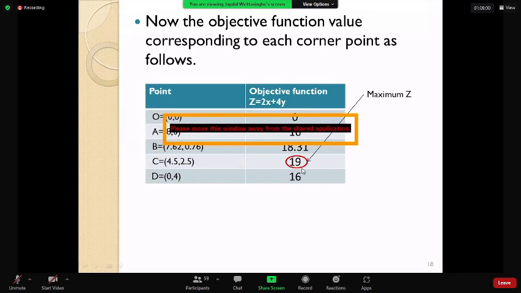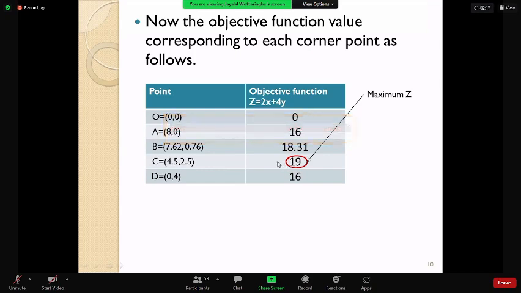If it is the maximum Z, then we have to find the corresponding X and Y values. C is the point that gives us the maximum Z. So the values are X equal to 4.5 and Y equal to 2.5.